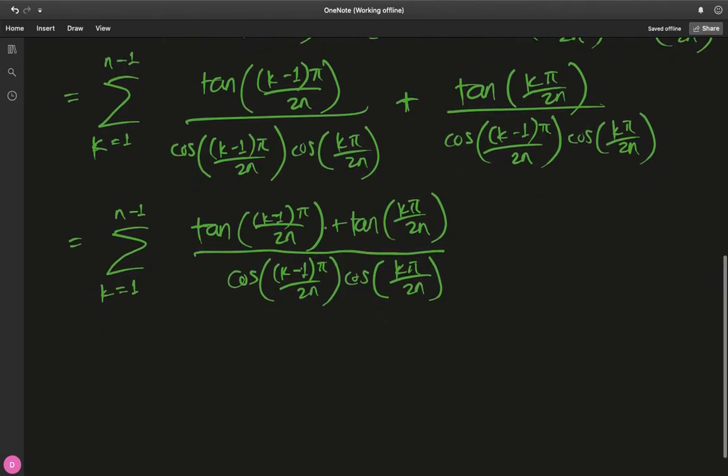Now after this simplification, all our simplification based on compound angles is actually completed. We can't do anything beyond this.